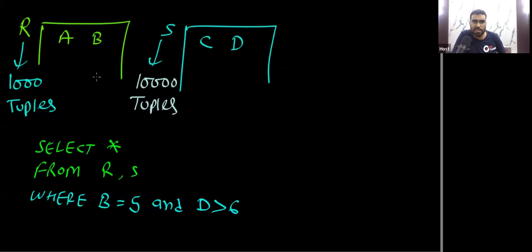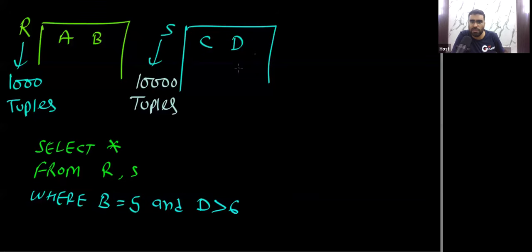Now you tell me one thing. Let's assume that in this table there are only 5 tuples with B equal to 5, and in this table only 2 tuples with D greater than 6. Are you getting my point?